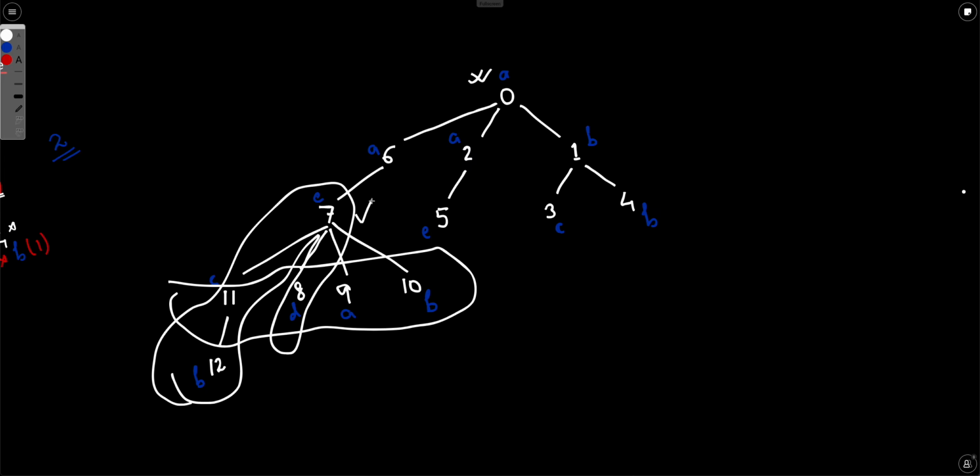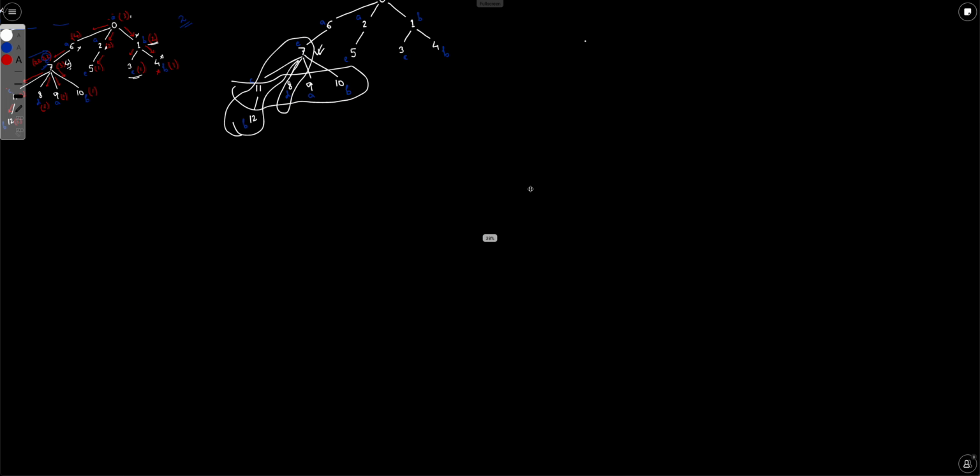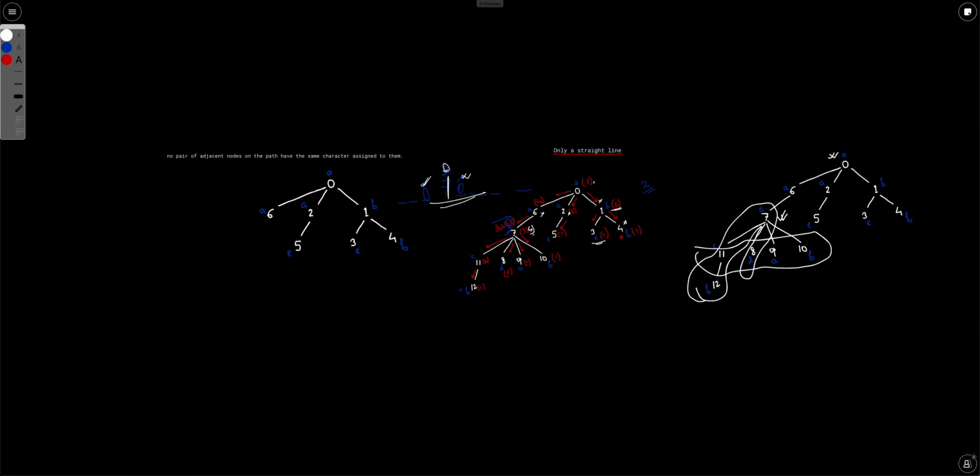That will be considered while calculating the longest crossway path from 7. I hope this approach is clear. Let's look at the code.